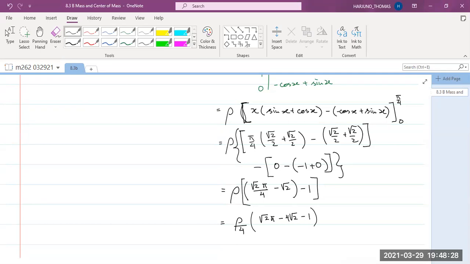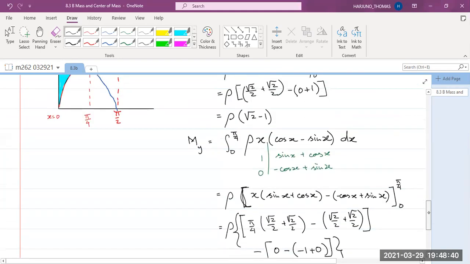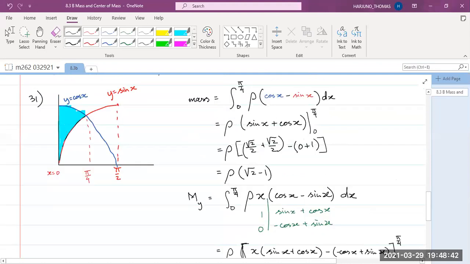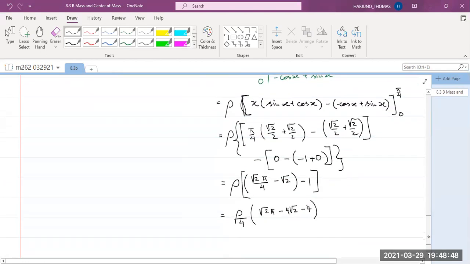Did I make any miscomputation somewhere? Negative 4, that actually makes it worse, because according to what we see here, the x bar is supposed to be positive, right? The center of mass is supposed to be between 0 and pi over 4. So there must be some miscomputation here.